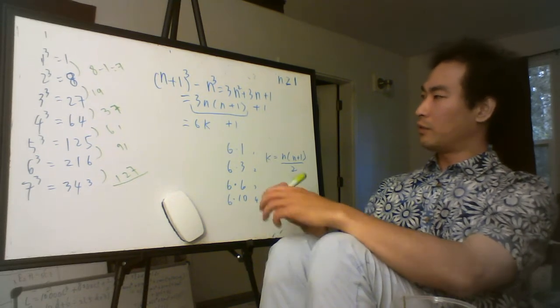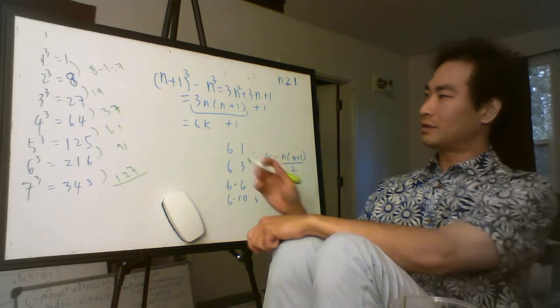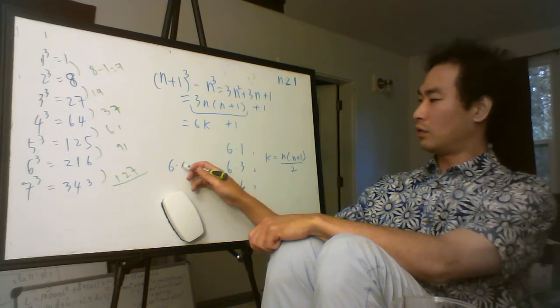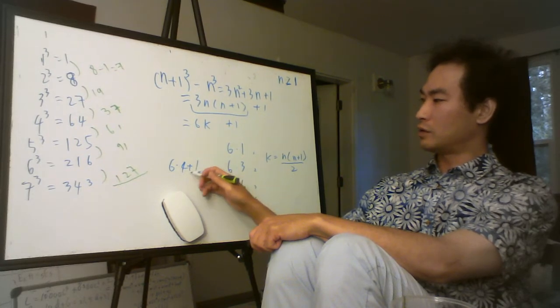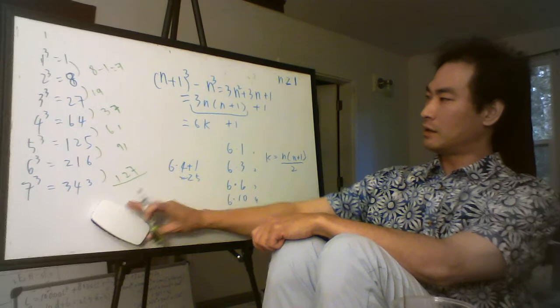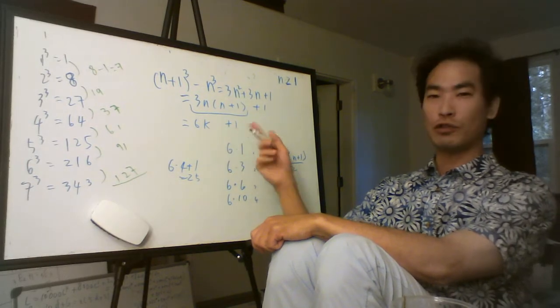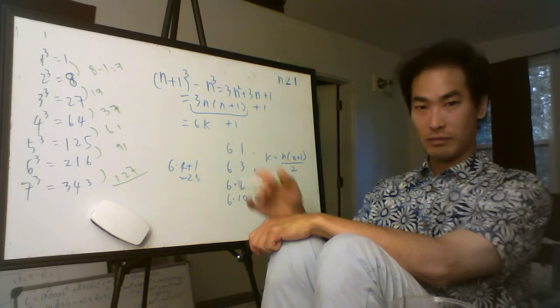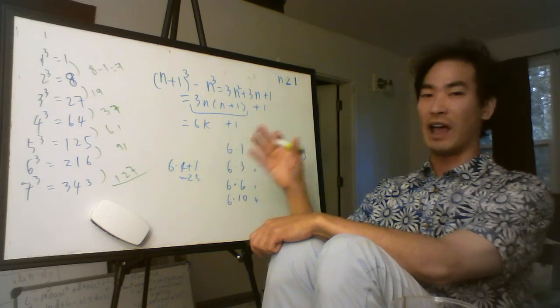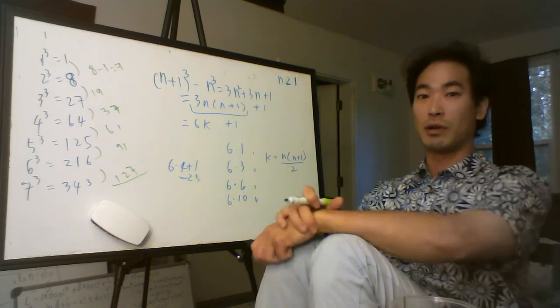So, for example, when k, let's just give you the example. When k is 4, 6 times 4 plus 1 is 25, right? But 6 times something plus 1 tends to be prime numbers. So this kind of form is very dense in terms of prime number distribution.